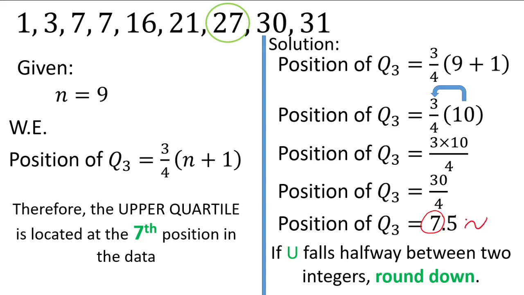This is approximately equal to 7 and not 8. Therefore, the upper quartile is located at the 7th position in the data. So, count 1, 2, 3, 4, 5, 6, 7. So, 27 is considered the upper quartile.